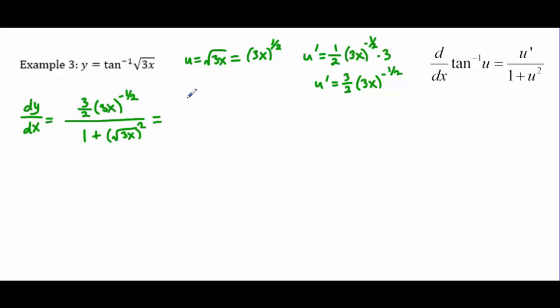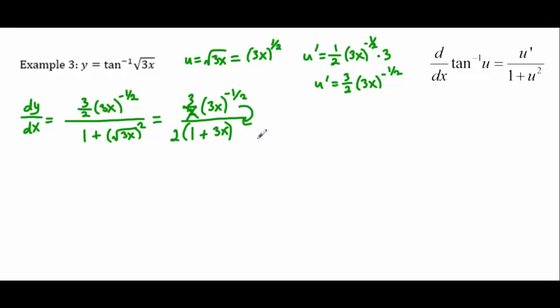But also there's some things that I can do with the top of this that, depending on your teacher, they may or may not care if you do this or not. But I definitely want to change this to 1 plus 3x. This 3/2 would actually end up being a 2 on the bottom, so that there's a 3 on top and a 2 on bottom. And then 3x to the negative 1/2, we could move down to the bottom and make it have a positive exponent.